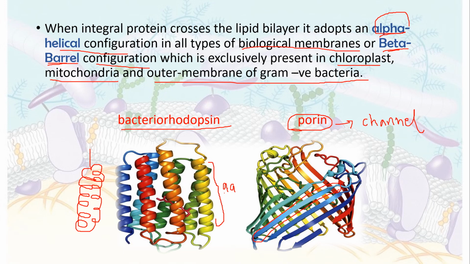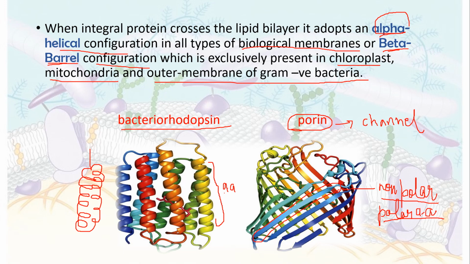The non-polar amino acids interact with the non-polar tail of phospholipids, and polar amino acids form the interior of the channel. So these beta pleated sheets have non-polar as well as polar amino acids, alternatively arranged.